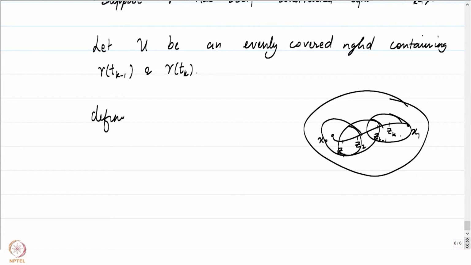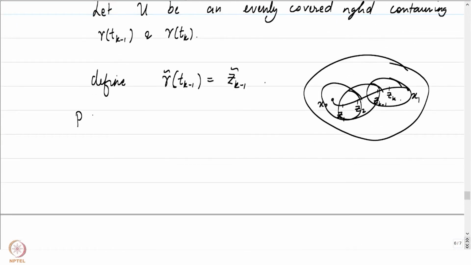Define gamma tilde of tk minus 1 to be equal to zk minus 1 tilde, and pick V. Suppose F inverse of U is just the disjoint union of V alpha, and alpha naught be such that zk minus 1 tilde belongs to V alpha naught. So the U's and V alphas have now changed.